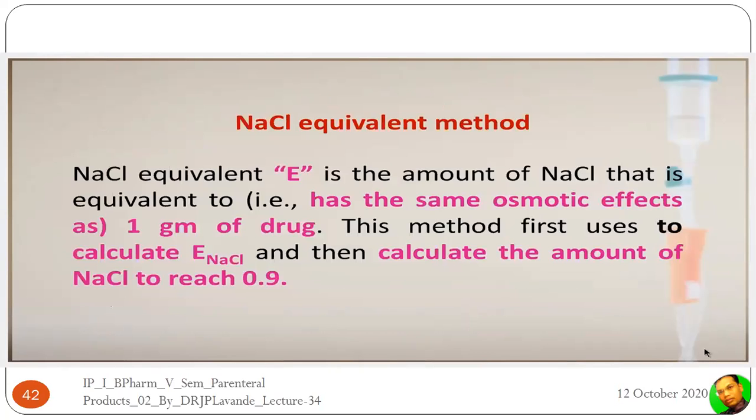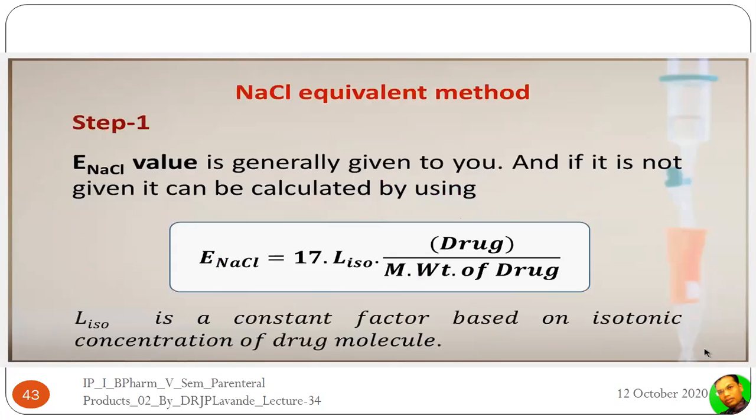In the case of the sodium chloride equivalent method, the sodium chloride equivalent E is the amount of sodium chloride that has the same osmotic effect as 1 gram of the drug. This method first calculates the E value of sodium chloride, then calculates the amount of sodium chloride needed to reach 0.9.